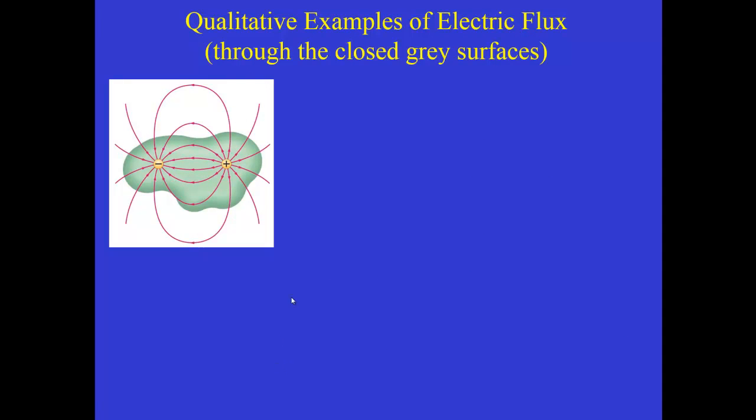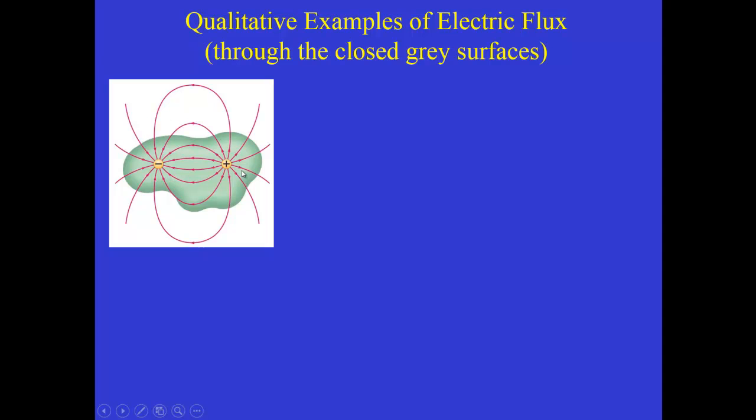Now, let's look at some qualitative examples of electric flux, because this will help us understand where Gauss's law comes from. Imagine that we have this closed surface, this gray, balloon-like surface, and inside of it there's both a plus and a minus charge with equal magnitudes. So this is a dipole, and the field lines emanate outward from the positive charge and go inward toward the negative charge.